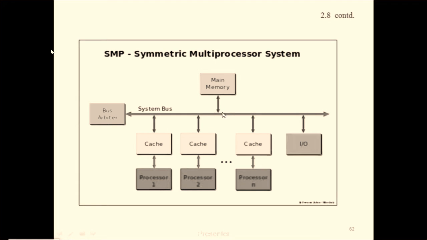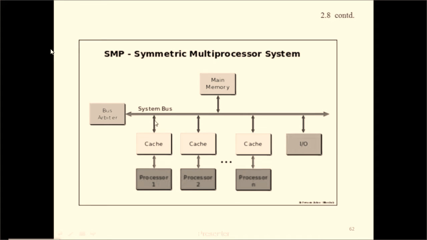Now, when particular data is kept on this, who is supposed to receive it, whether processor 1, 2, 3, N or I/O? This is taken care of by what is called the bus arbiter. This bus arbiter takes care that whatever data is put on the common bus goes to the respective recipient.